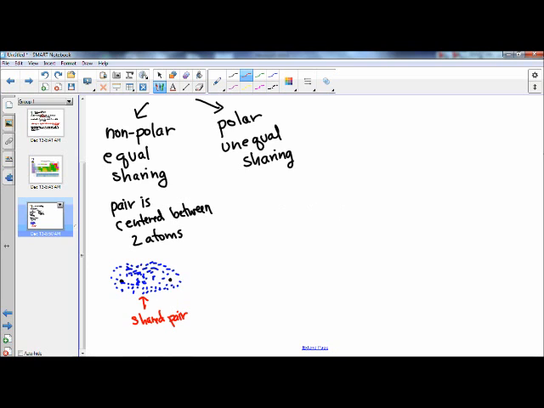Now, an unequal sharing means that the pair is closer to the nucleus of one atom. So here's my nuclei again.